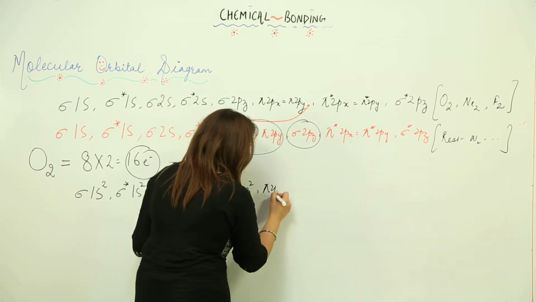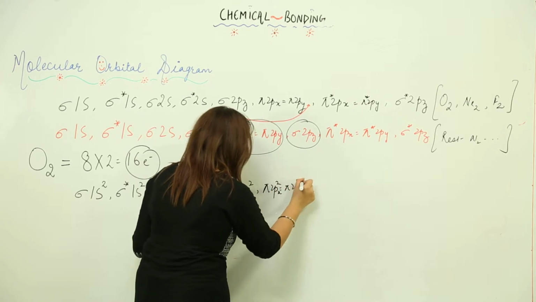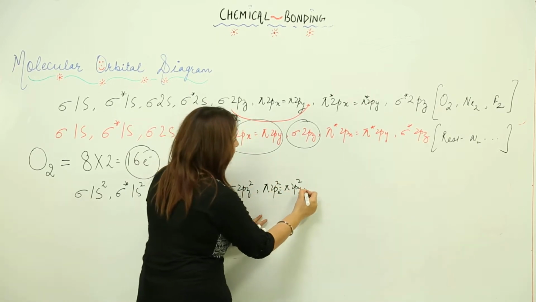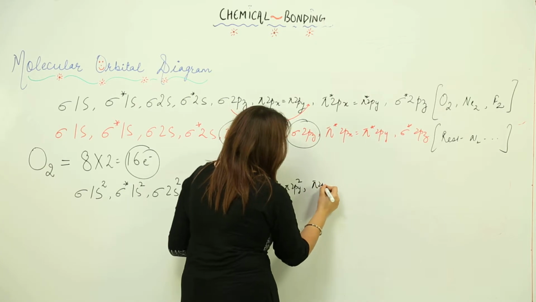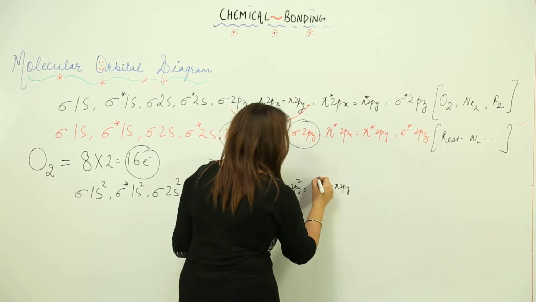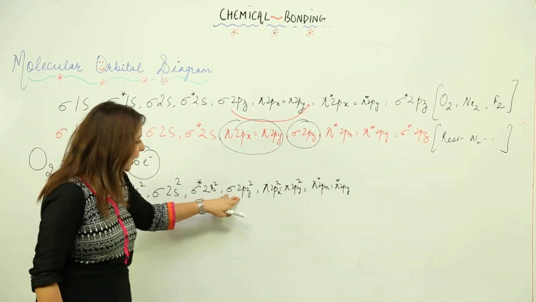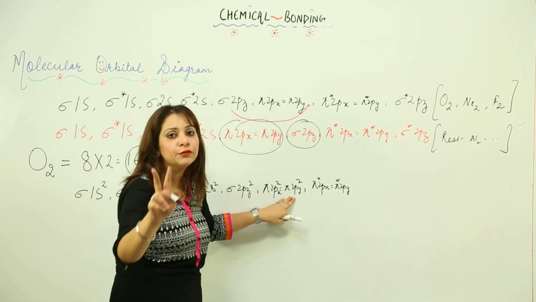So pi 2px is equal to pi 2py, 10, 11, 12, 13, 14, and then I have, this is my anti-bonding. So the count again, 2, 4, 6, 8, 10, 11, 12, 13, 14. We are left with 2 electrons.